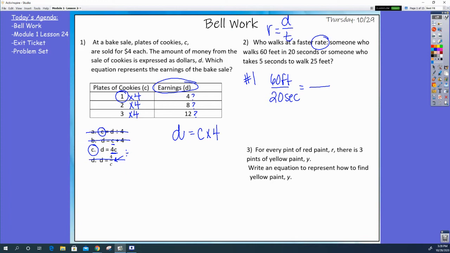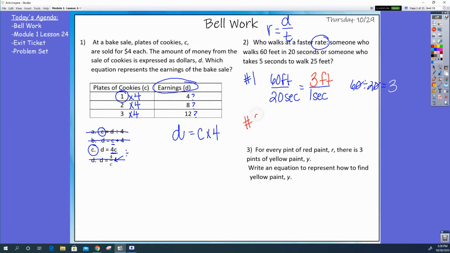So I'm dividing to figure out how far they go in 1 second. So mental math, 60 divided by 20. They end with zeros, so take off my zeros. 6 divided by 2 would make 3.